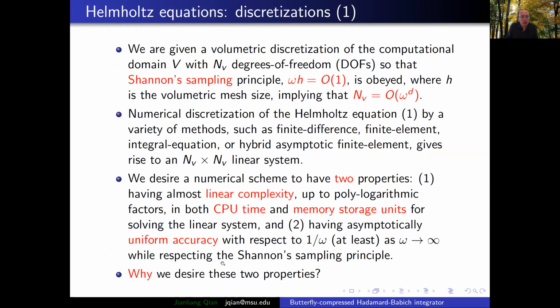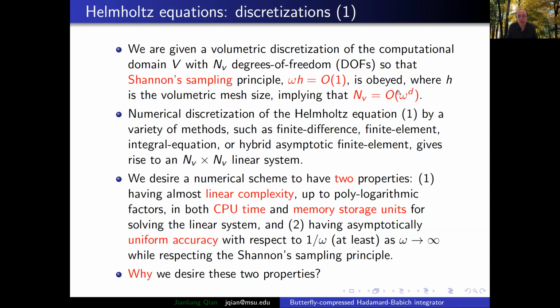Now we talk about discretization. We try to solve this Helmholtz equation. We are given a volumetric discretization of a computational domain with N degrees of freedom. Shannon's sampling principle is observed, which means omega h equals O(1). We are allowed a fixed number of points per wavelength in terms of sampling.